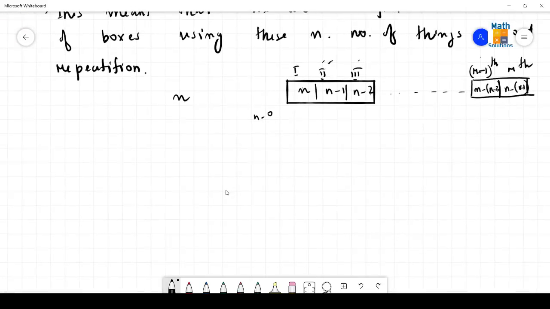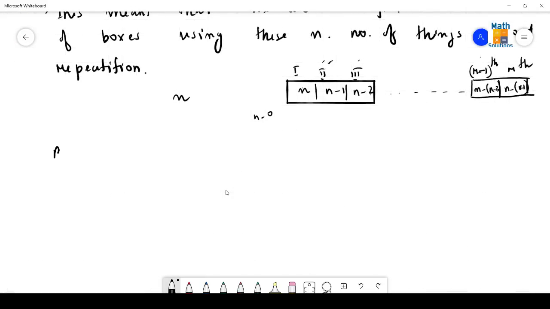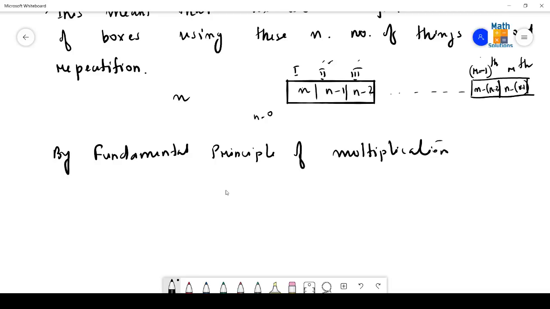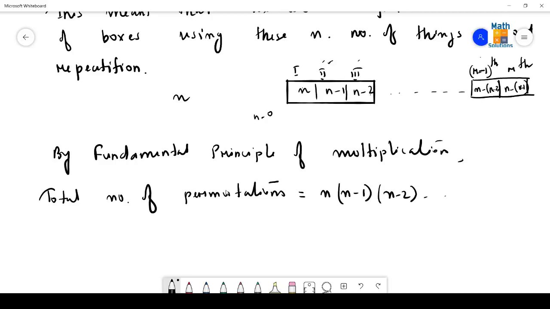Therefore, by the fundamental principle of multiplication, the total number of permutations will be equal to n into n minus 1 into n minus 2, and there will be a continuation up to n minus r minus 1.